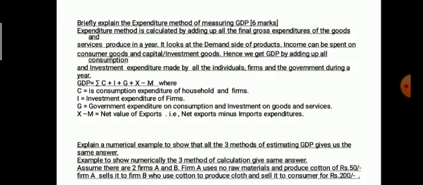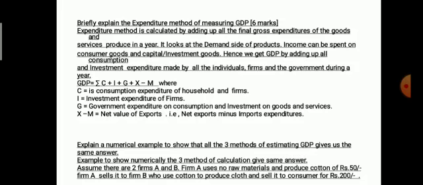Demand side means the income of the consumer is spent on consumer goods, and the income of the firm is spent on capital or investment goods. So they are demanding these goods. Hence we get the GDP by adding up all the consumption and investment expenditure made by all individuals, firms and the government during a year.